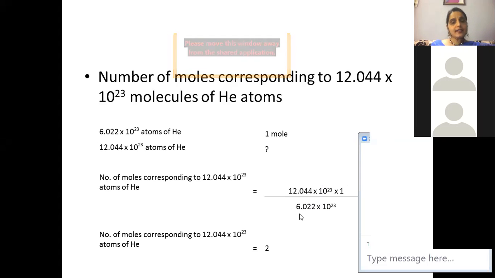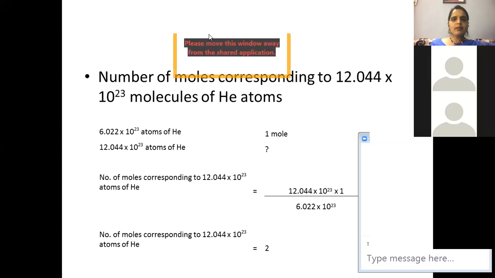And as I said earlier, whenever such numbers are given, they are multiples of 6.022. By practice, once you start practicing these problems, you'll realize they are multiples of either 6.022 or 3.011. So once we solve it, we get that the number of moles corresponding to 12.044 into 10 raised to 23 atoms of helium is 2 moles.